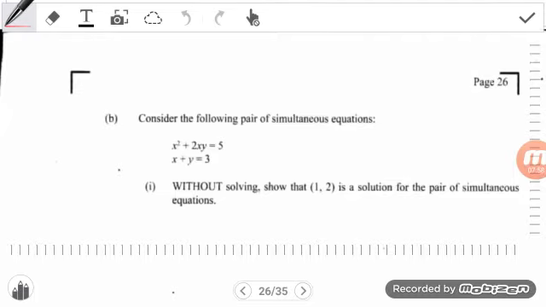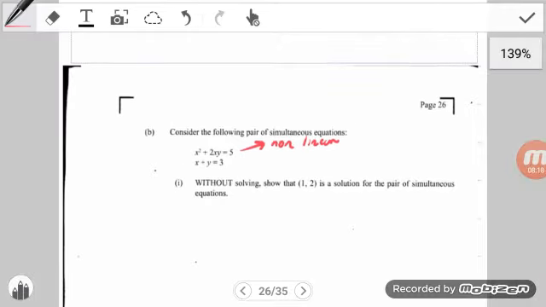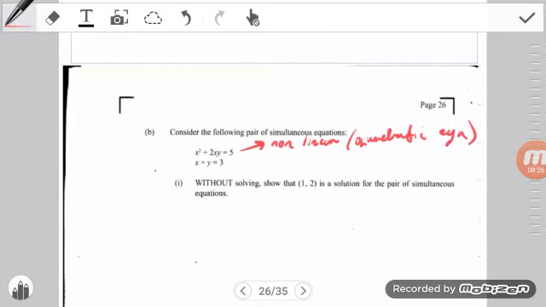Now, the first thing that I want you to pick up here, guys, is that you're not dealing with the standard simultaneous equations where both equations are linear. You're looking at one of the equations being non-linear, or what I sometimes refer to as a quadratic equation, and the other one being linear.